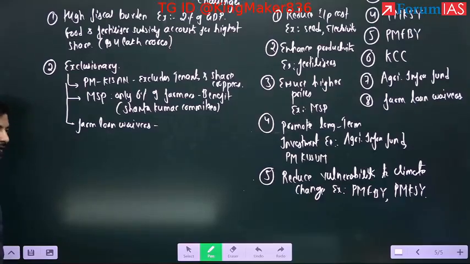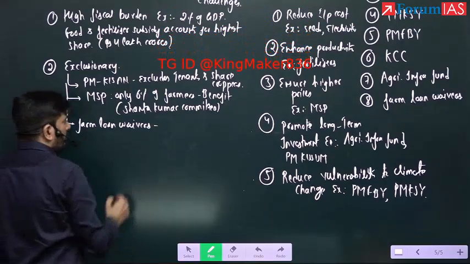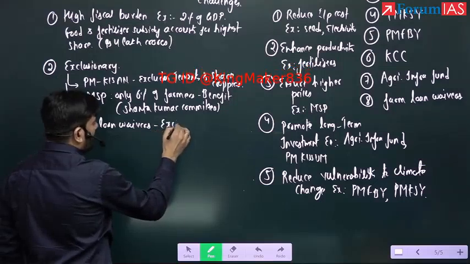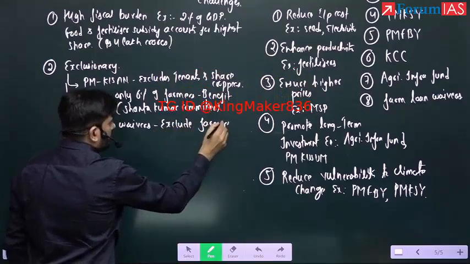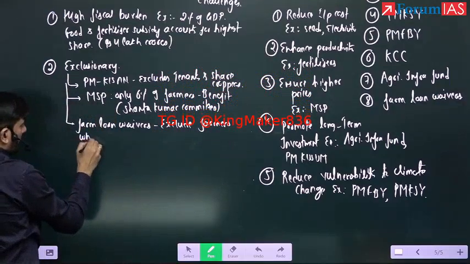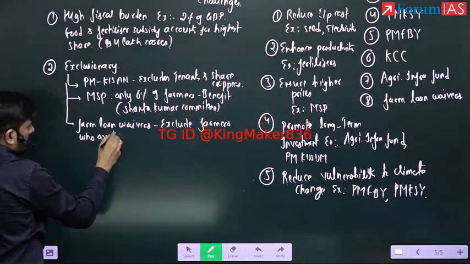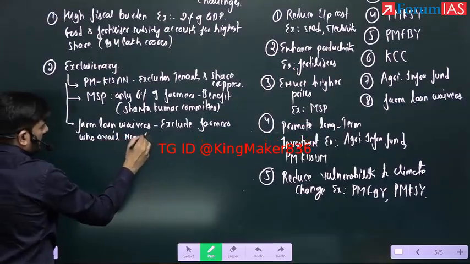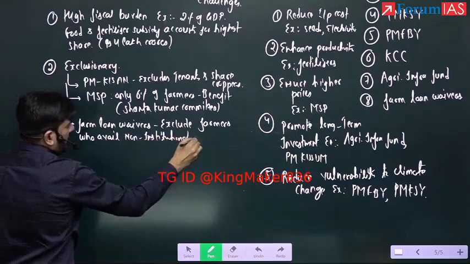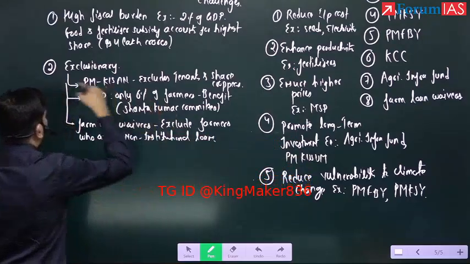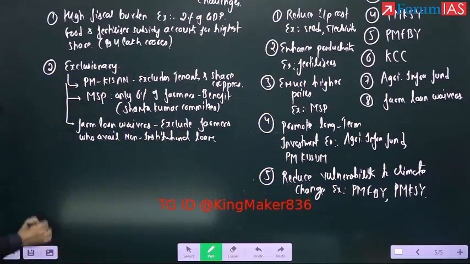But what if I have not taken loan from a bank but I've taken loan from money lender? Will government repay my loan to money lender? Obviously not. So farm loan waiver will obviously exclude farmers who avail non-institutional loans. So this is one framework, exclusionary.